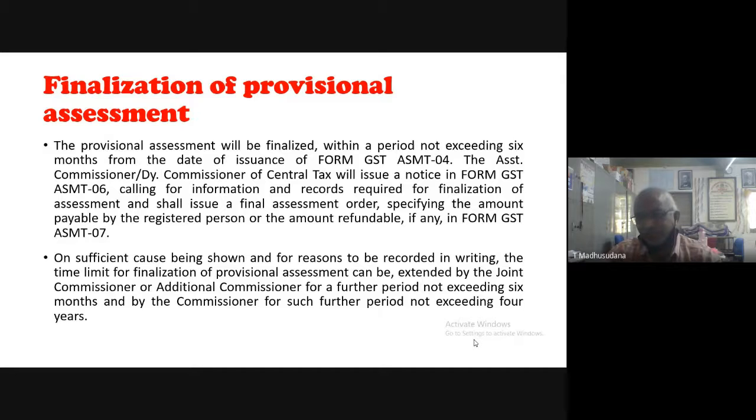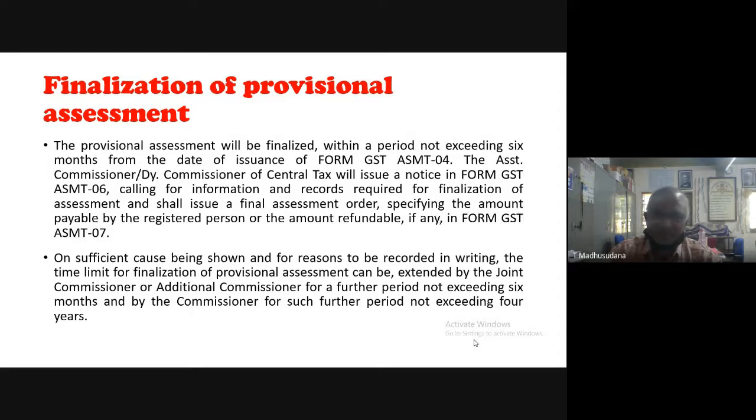That will be specified in Form GST Assessment 07 by the GST officers, whether the amount is payable by the supplier or refundable by the government.